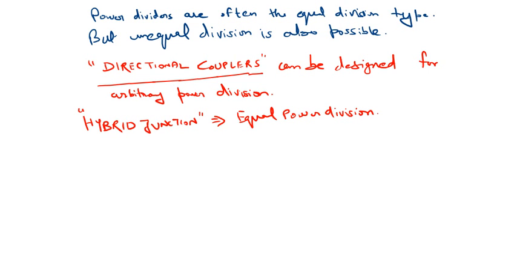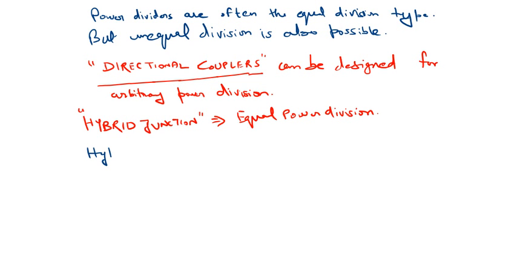So all these are microwave components. Hybrid junctions have either 90-degree or quadrature, or 180-degree phase between the output ports. We will see all these components one by one.